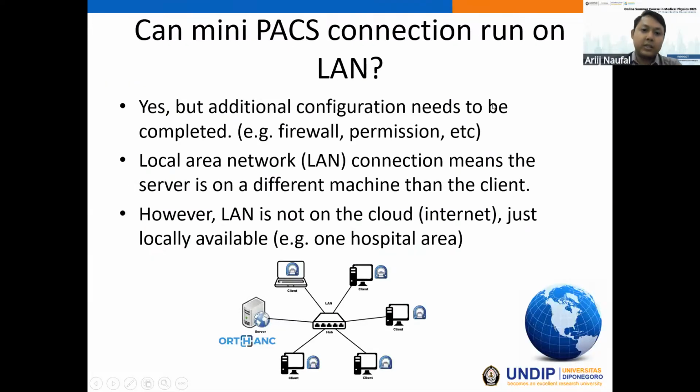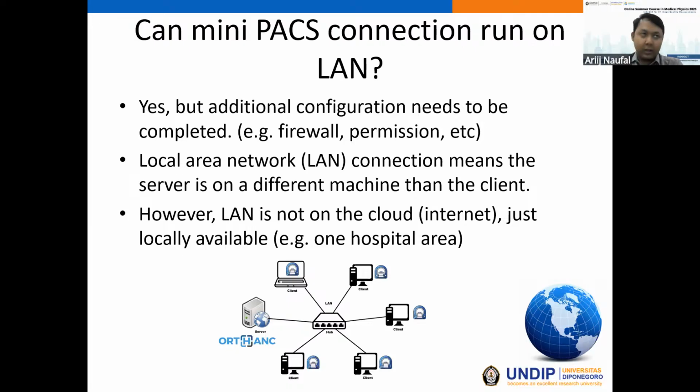Okay, so the question is, can the Orthanc connection run on a local area network? The answer is yes. However, some additional configuration needs to be completed. In this case, local area network means the PACS server is on a different machine than the client.